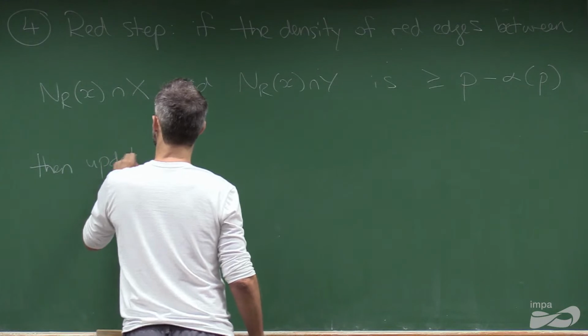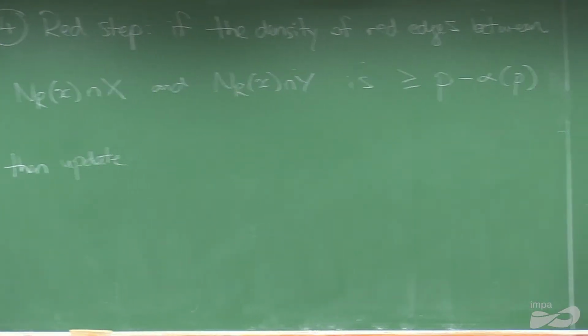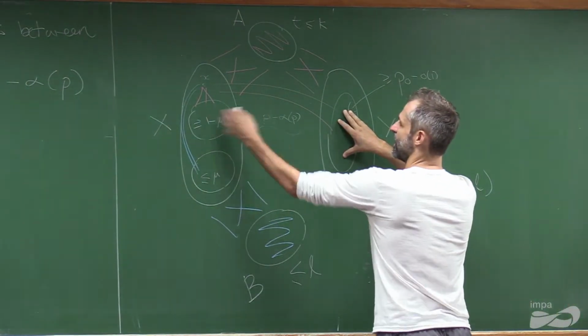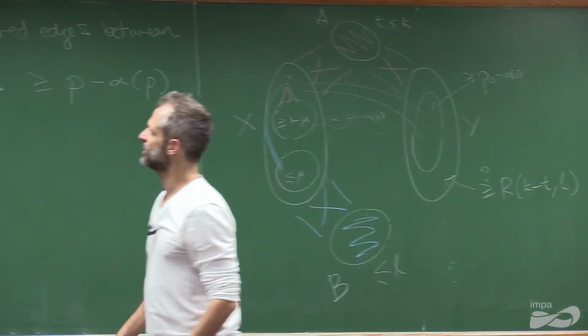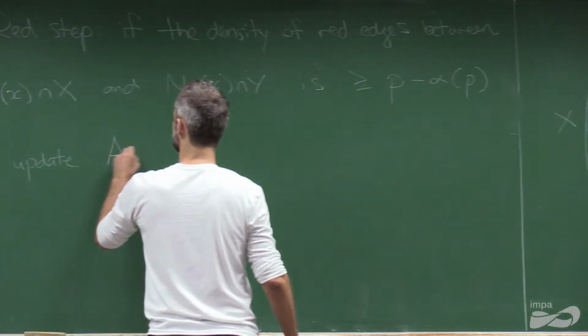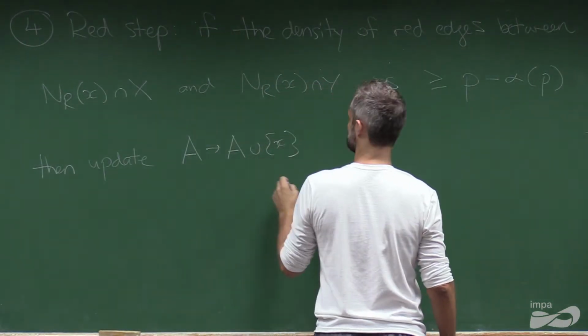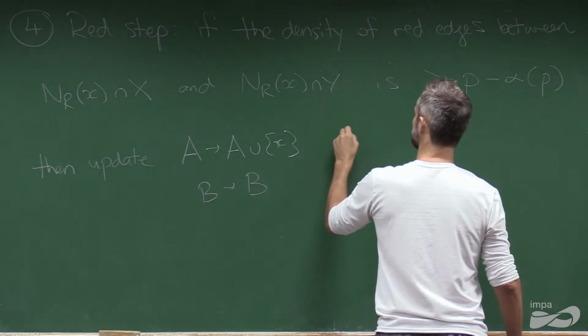Does it make sense? So this is the red neighborhood of x in x. This is the red neighborhood of x in y. He's interested in looking at all the edges here, what proportion are red. Right, that's the red density. And we update by adding x to A. B stays the same.